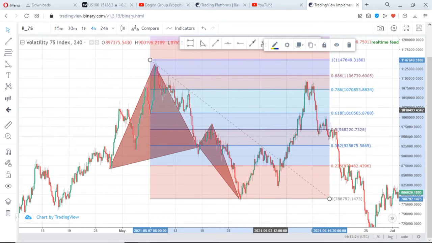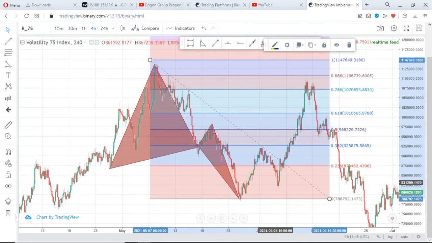It doesn't always hit our second target, guys. As soon as your first target gets hit, the second target is not guaranteed. But if you look closer there, it went up, hit the first target, came back and retraced. So if you went out on the 38.2, it's fine, you made profit.